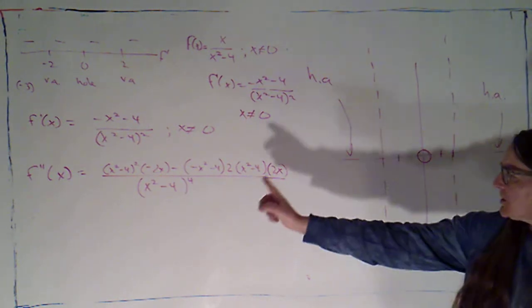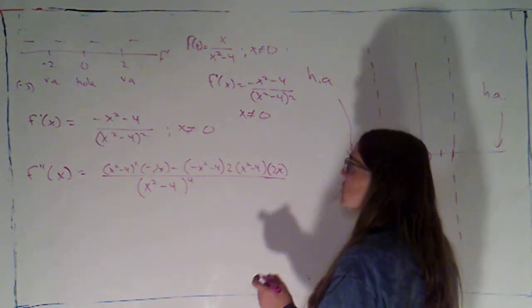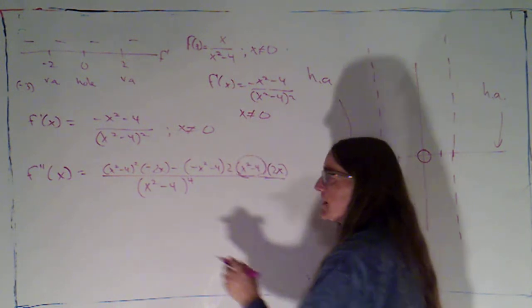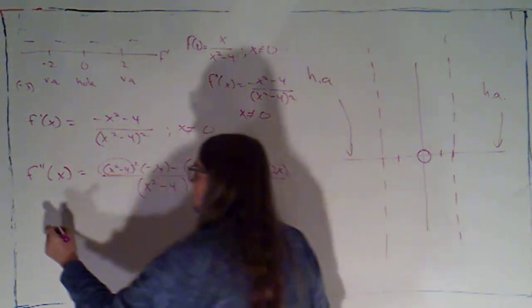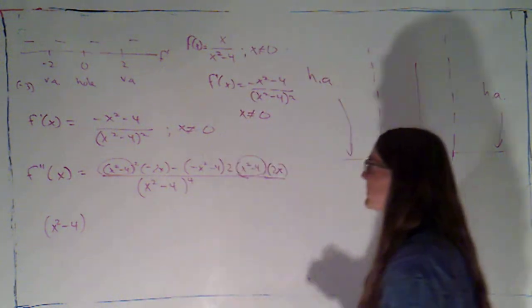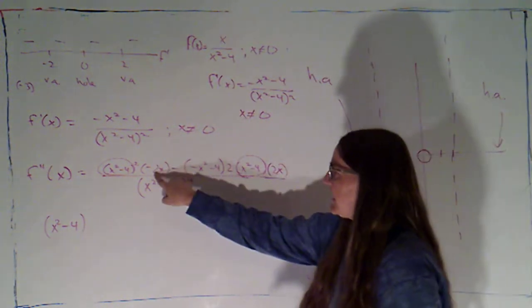Now before I multiply stuff out on the top, I'm going to factor out what I can. Notice there's an x squared minus 4 here and 2 factors of x squared minus 4 here. So I can factor out an x squared minus 4. Okay. There's a 2x here and a 2x here.